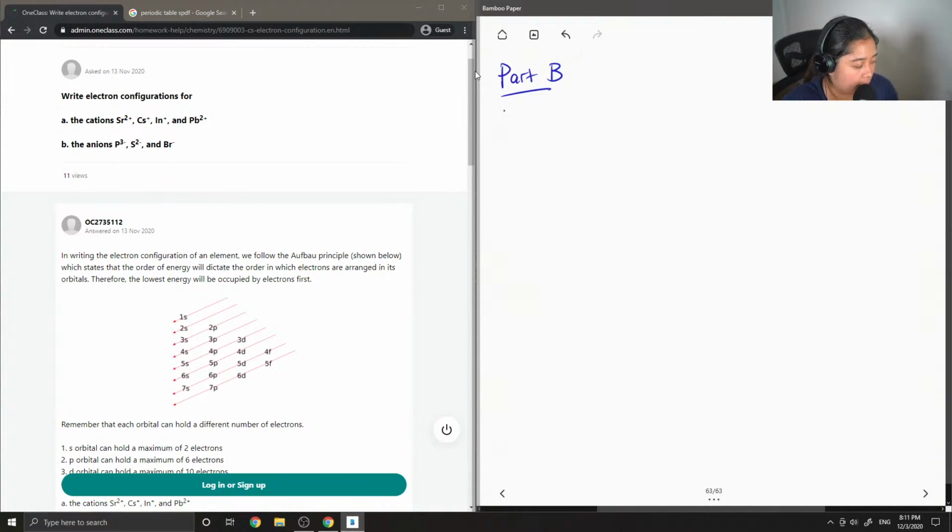So let's just quickly do these ones. A neutral atom of phosphorus has an electron configuration of, let me just write these down.